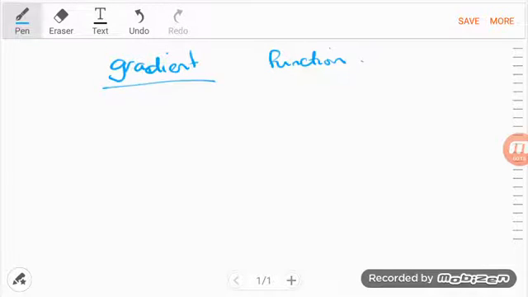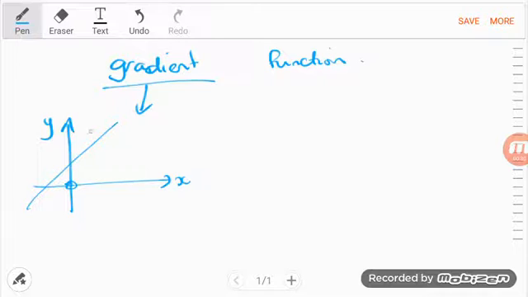So a gradient, in its traditional sense, when we have a graph, there's our origin, and then if we took it through, in the traditional sense, we would have the gradient being the slope, okay?